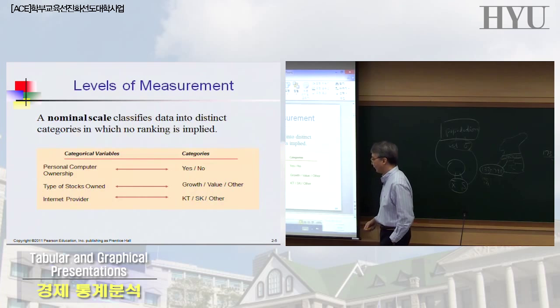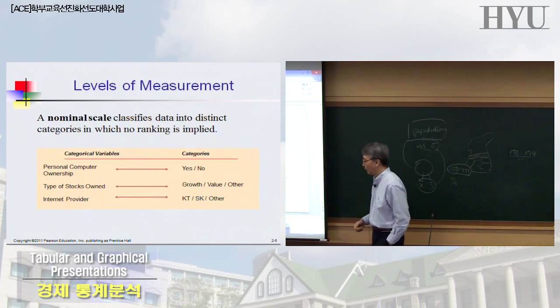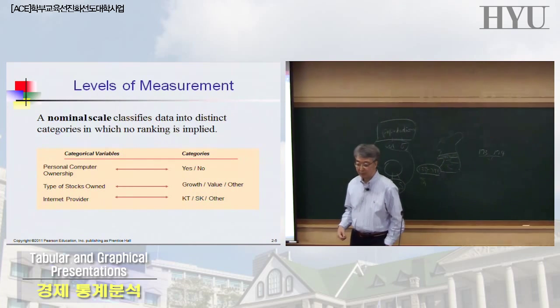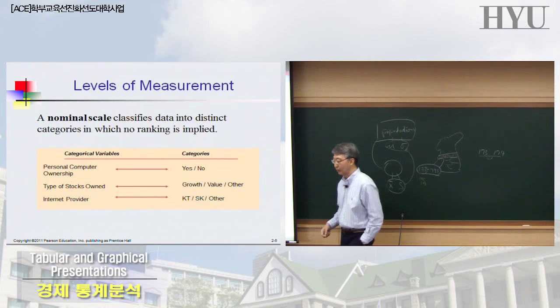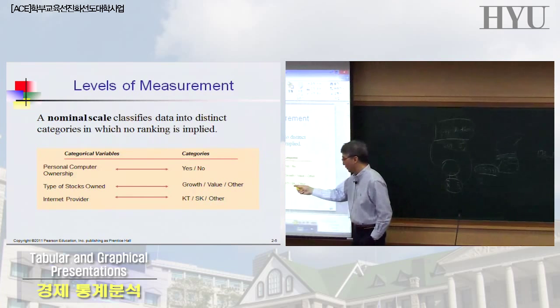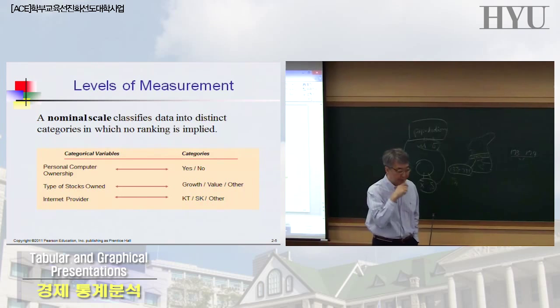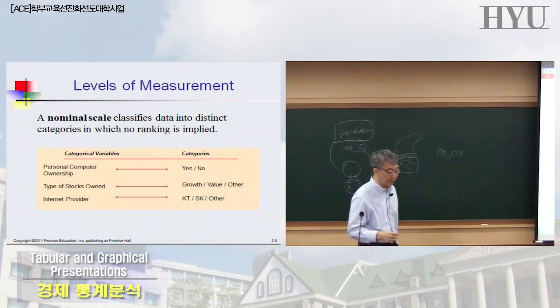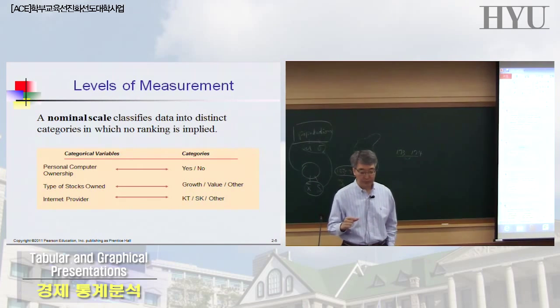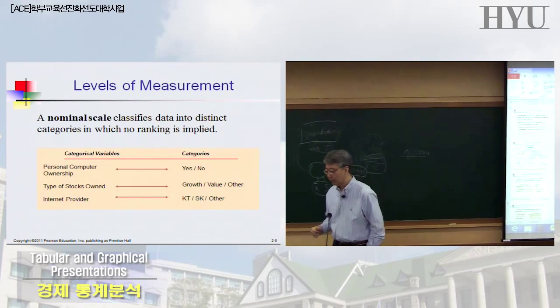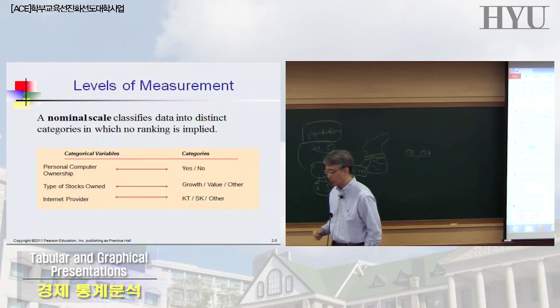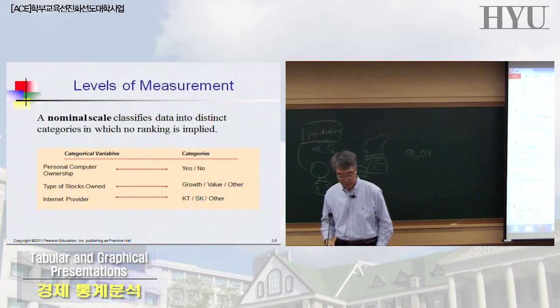Well, we can have KT, SK. What else is there? But anyway, we're talking about just different types or different brands of internet provider, different company, but no particular order is implied.